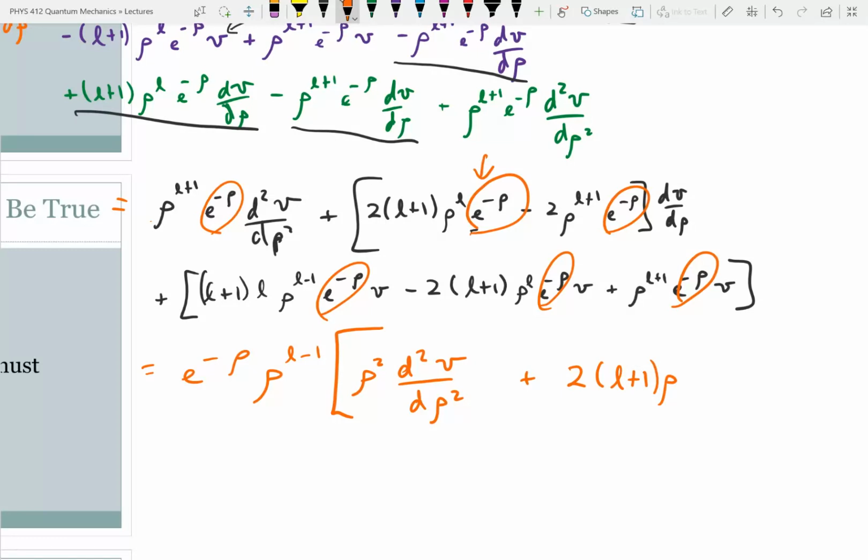The next one, I'm going to have to multiply just by 2. And then the last one, this here rho squared, this one rho, and that one just a factor.